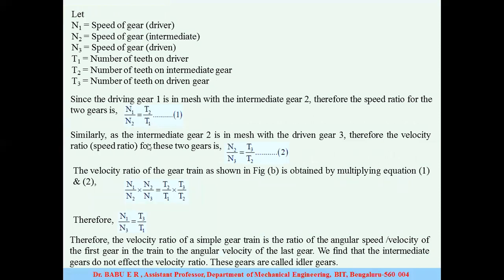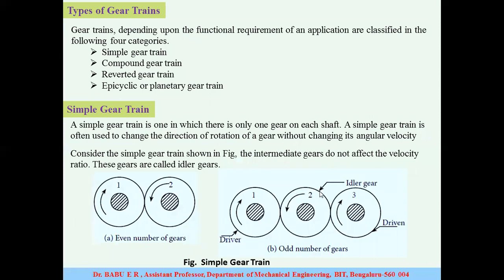Similarly, the intermediate gear 2 is in mesh with the driven gear 3. Now you take a combination of these two. Now the intermediate gear becomes the driver, and this one becomes the driven gear.